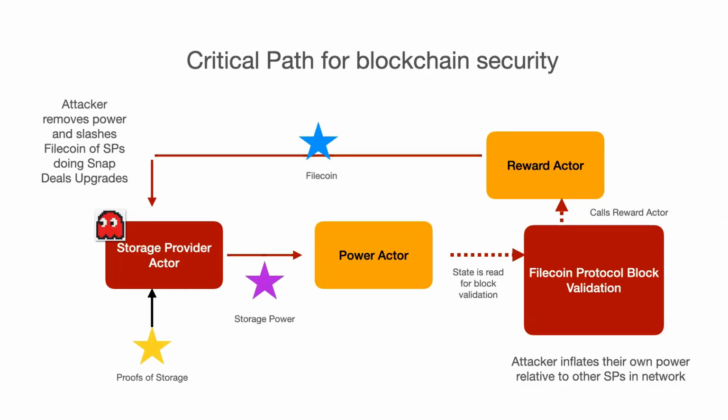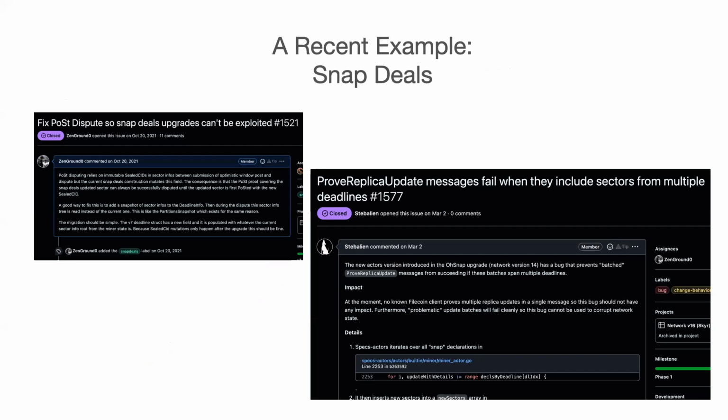Which would have led to a situation a bit different than what we talked about before, but kind of like the inverse direction. An attacker could remove the power of other storage providers and maybe cause a decent amount of havoc. So that would have been a pretty bad bug to get in.